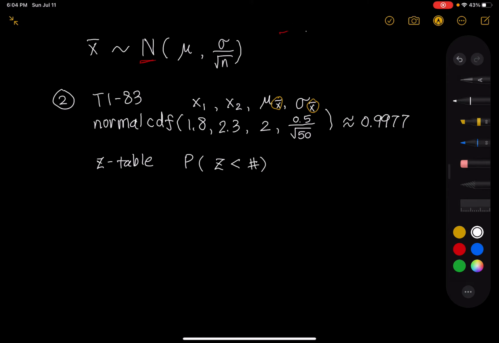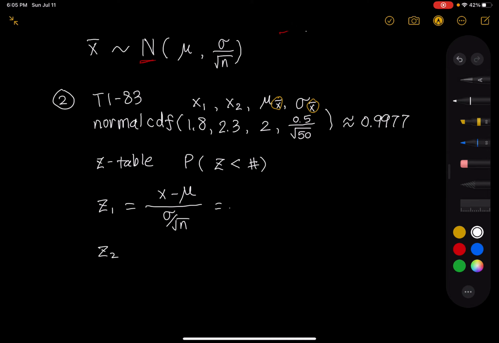Okay, so what we need to find out is z1 and z2, and we use the formula x minus mu divided by sigma, and in this case it is sigma divided by square root of n, because that is our standard deviation for the sample mean.